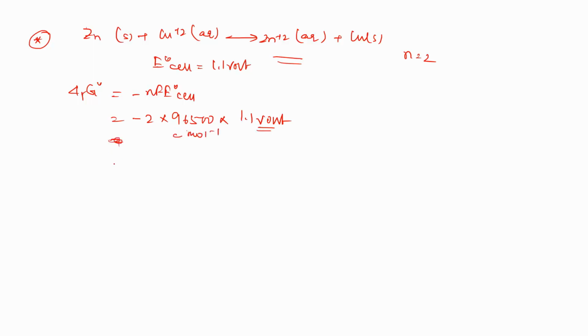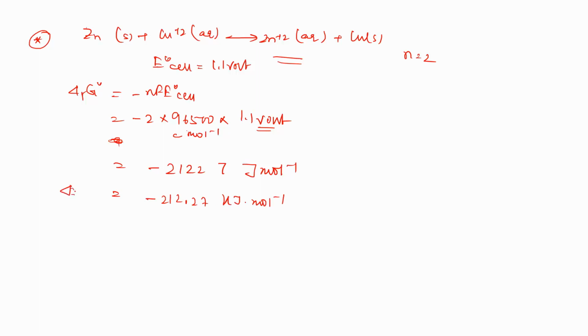So what will be the value? 212,300. This is volt into coulomb, that means joule per mole. If I write that in kilojoule, that will be the answer, kilojoule per mole.